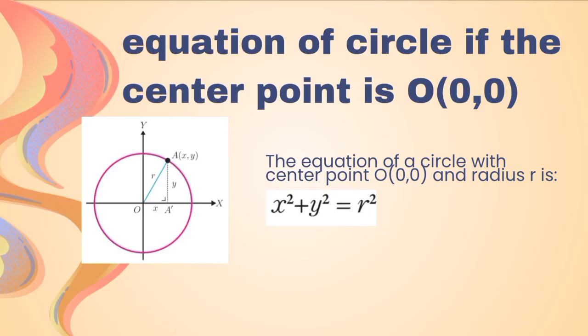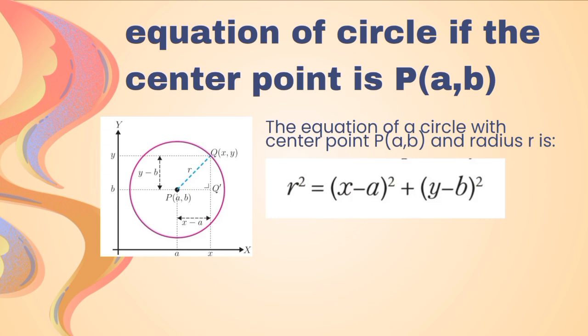Equation of circle if the center point is O (0, 0). The equation of a circle with center point O (0, 0) and radius r is x squared plus y squared equals r squared.